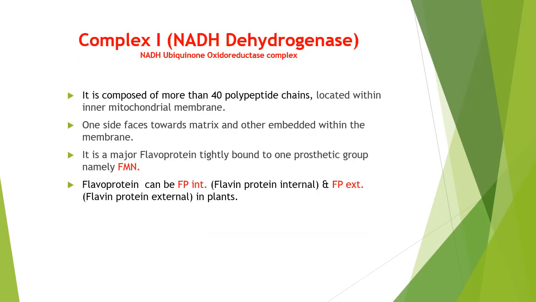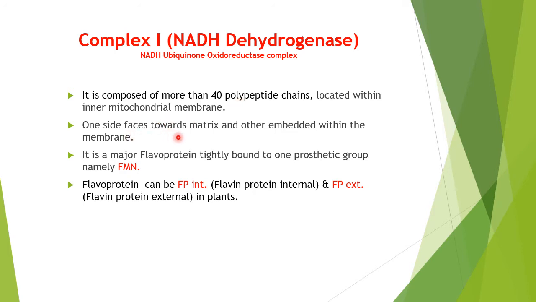So we have the first complex, complex 1. This complex 1 is also called NADH dehydrogenase, or NADH ubiquinone oxidoreductase complex. It is composed of more than 40 polypeptide chains located within the inner mitochondrial membrane. That's the first complex which we have seen in the diagram.